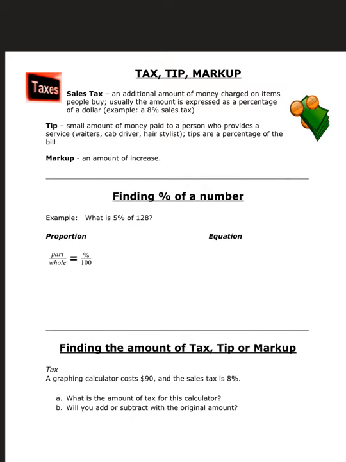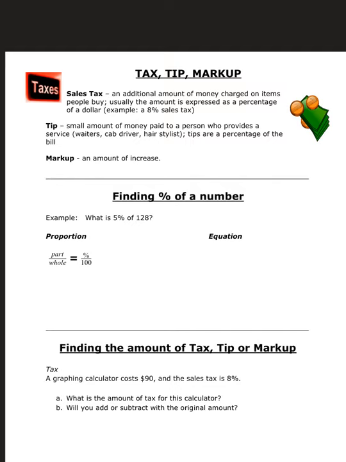Now, before we get into the main problems, I want to go back over again finding percent of a number. We did that the other week when we did circle graphs, but we have two options for finding percent of a number. The proportion method that we've been using, which is the part over the whole equals percent over 100.